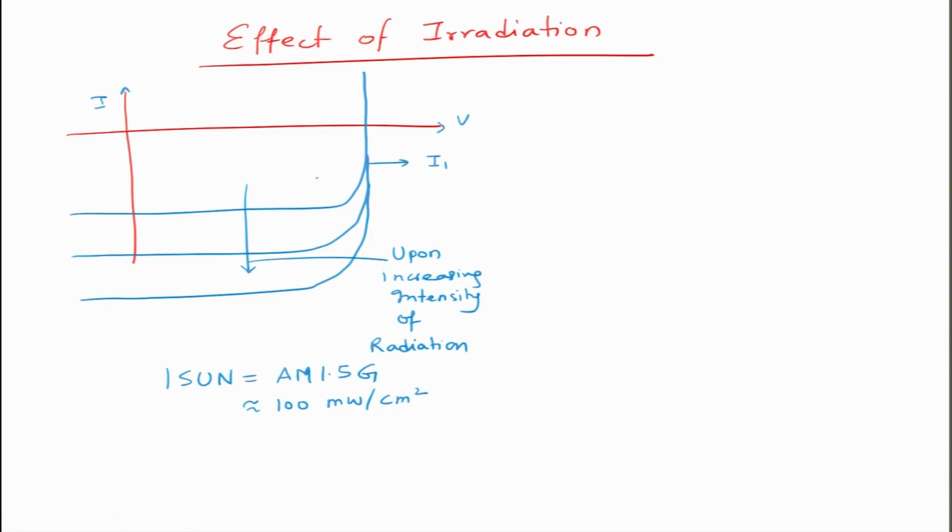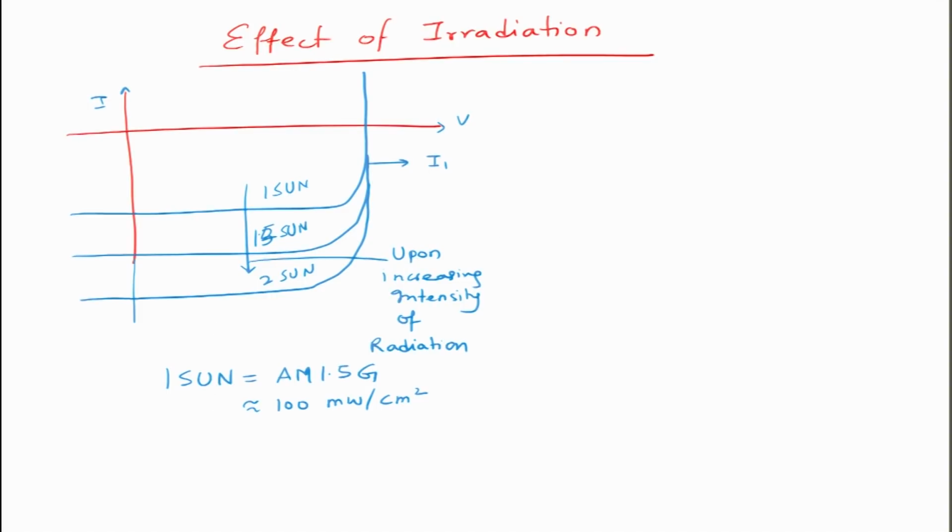So, if this was at 1 sun, then this would be 1.5 sun, nearly 1.5 times increase, and this would be nearly 2 sun, theoretically speaking, provided there is no change in the VOC and there are other things which are not changing. Okay. So, ideally speaking, it should show double the increase in the current.